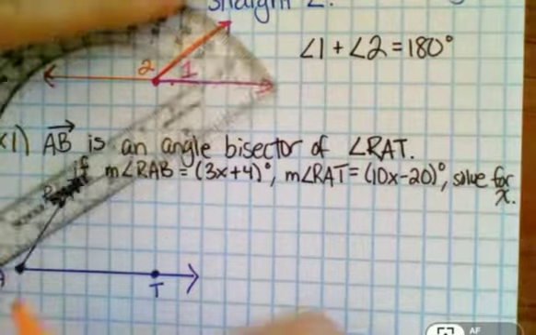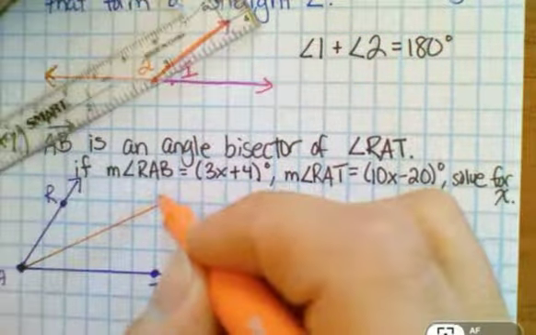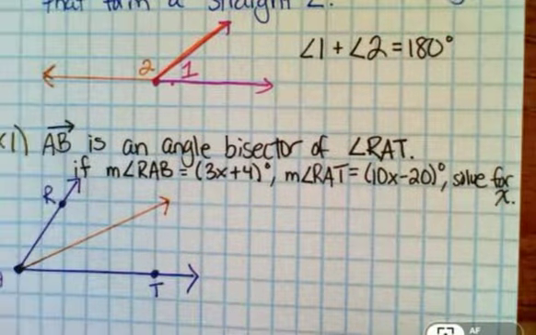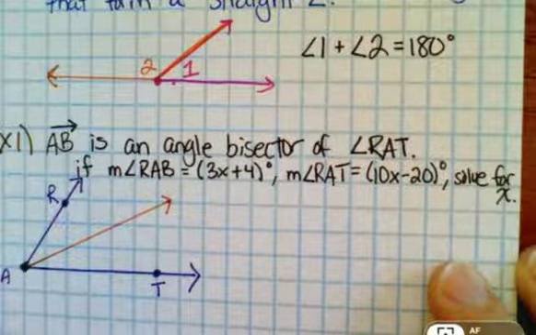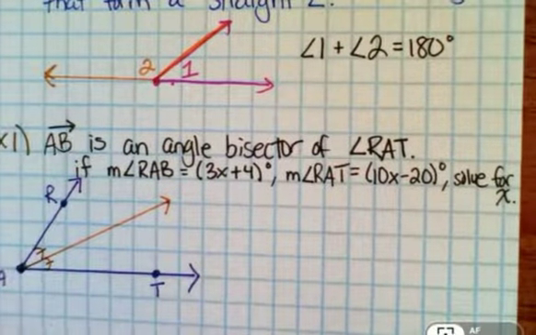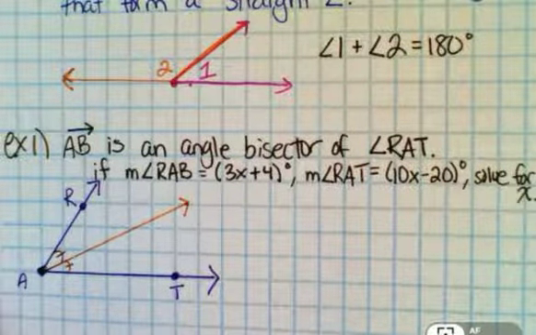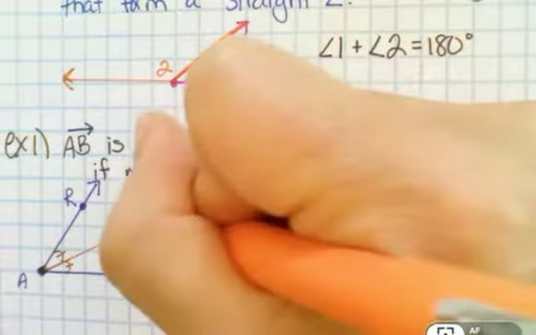So I want to try to draw that ray so that it's going to create two congruent little angles inside. And I'm going to mark that by showing these tick marks. Now I can see from my diagram that those are the same. And there's one other thing that I need to include here, which is point B somewhere on this ray.